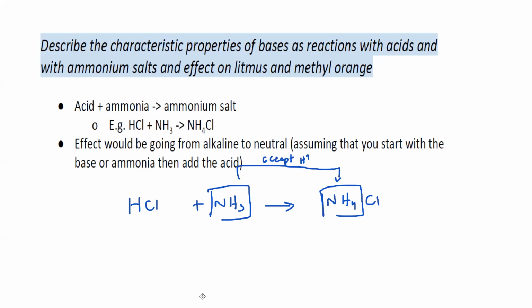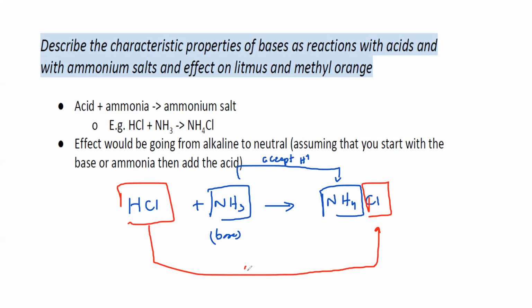Whenever a substance accepts a proton, we call that a base. And HCl turned into Cl only, which means it donates a proton or H plus ion, so we call it an acid. So acids are proton donors and bases are proton acceptors.